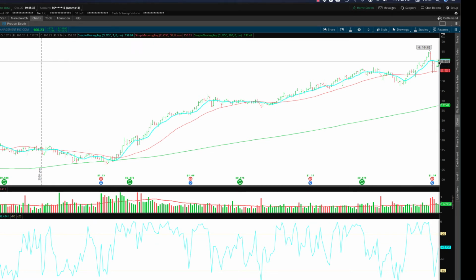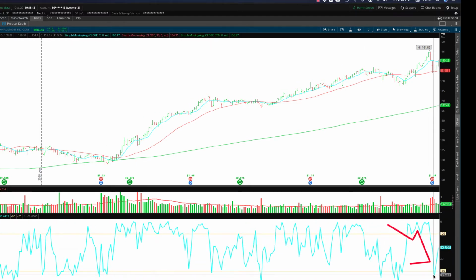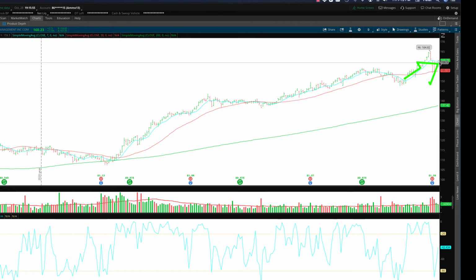Today was a close, looks like just at the 7-day moving average. The other thing I look at, and this is another template we used to use, is the Williams percent R, and it went into oversold here, and that's something we look at. When it goes to oversold, we look for a signal after that, which is 2 closes above the 7. So tomorrow's Saturday, so tomorrow it won't do anything.